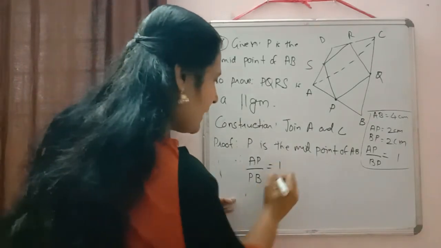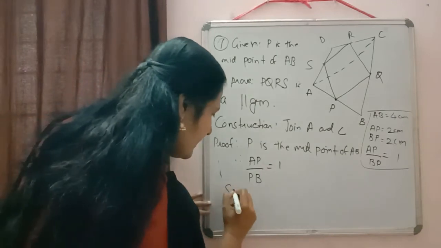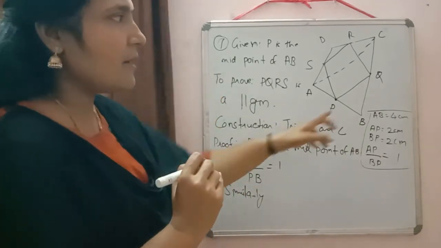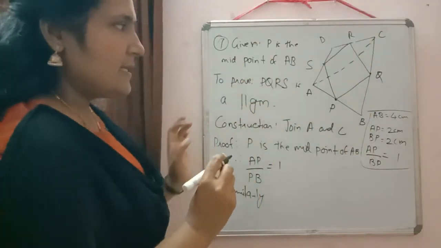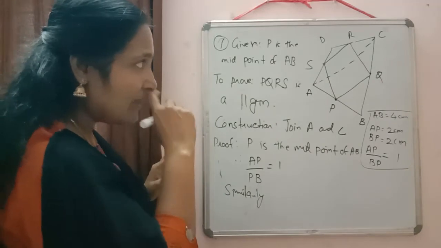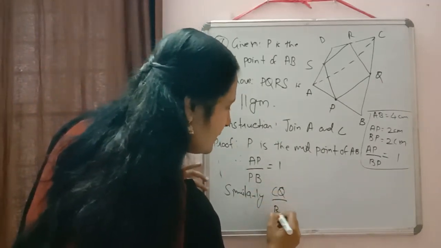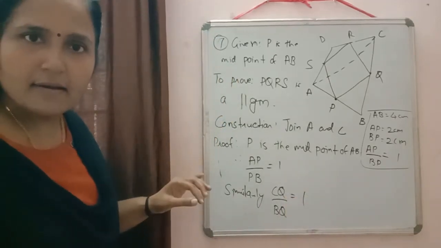So AP by PB is equal to 1. Okay. Similarly, Q is the midpoint of BC. So from that, what can we say? We can say CQ by BQ also will be equal to 1. Correct? Okay.